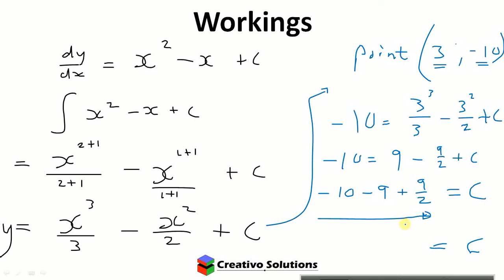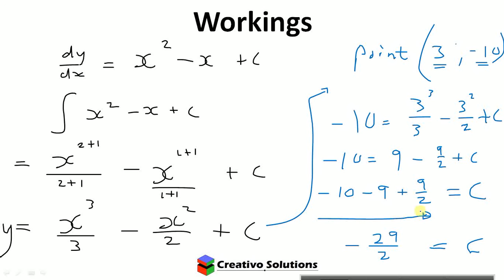C is minus 29 over 2. Are you sure about that? Just double check: minus 10 minus 9 plus 9 over 2. Okay, perfect. So then we've got that.